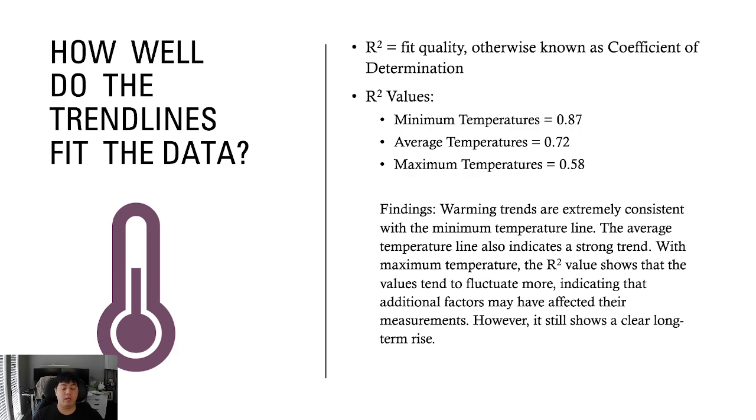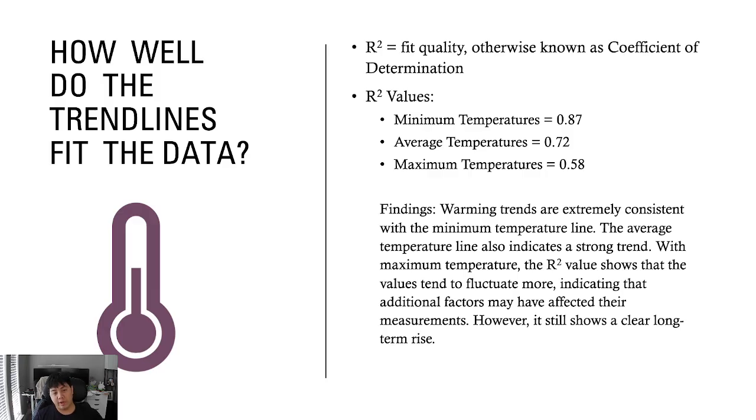Now, when we get to the maximum temperature, you'll see that this number is much lower. It's 0.58. It's not to say that the data points show no correlation. In fact, it just means that it does fit reasonably inside our line of regression.